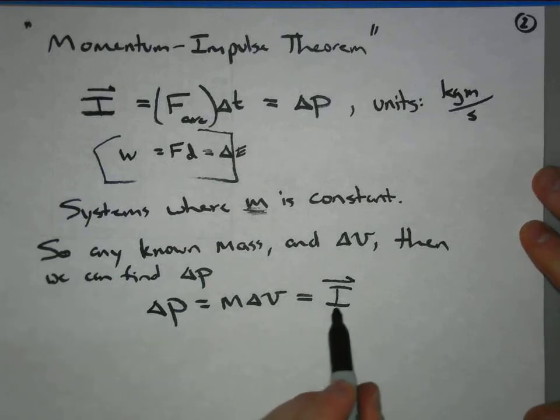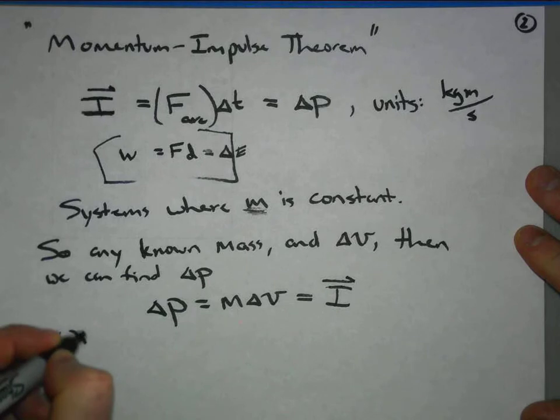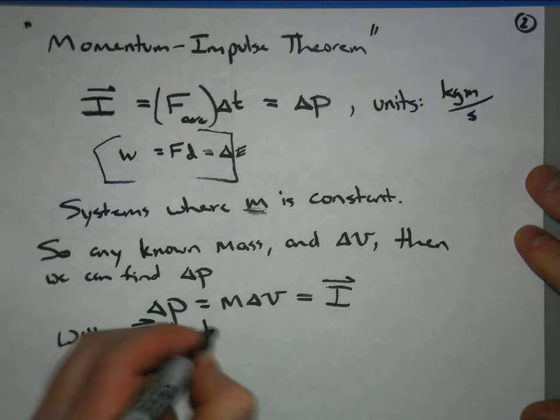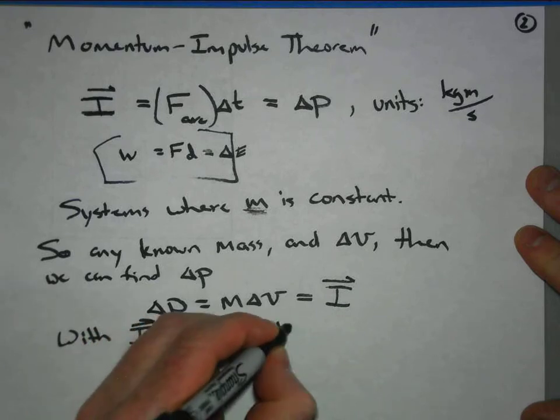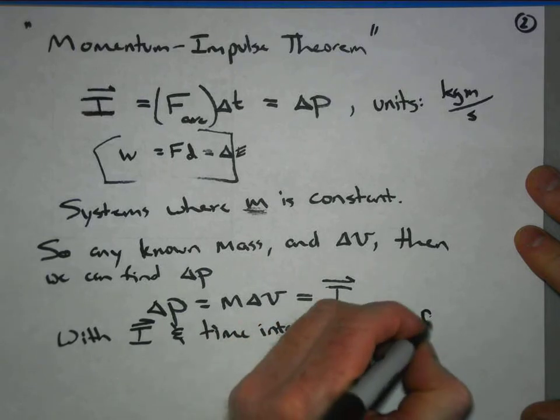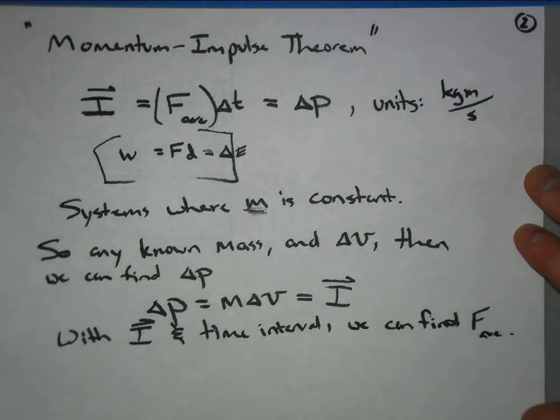Now, if we know the impulse, and we also happen to know a time interval, with an impulse and a time interval, we can find the average force acting on an object. And that's going to be significant for us. That's what we're going to look at next, actually. So let's get to that example.